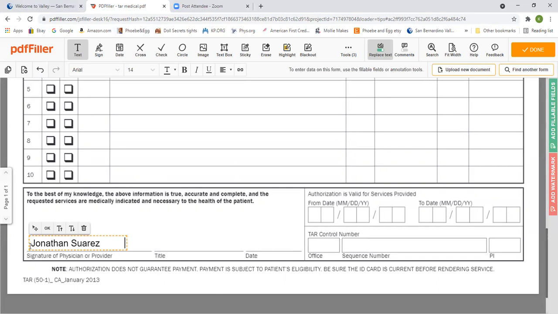And then the title, we can put CPHT if you're a certified pharmacy technician, and the date that you're filling the form out. So we could put 5/1/2021, 5, not 15. There's no 15th month. Okay, so that's how you would fill that out.